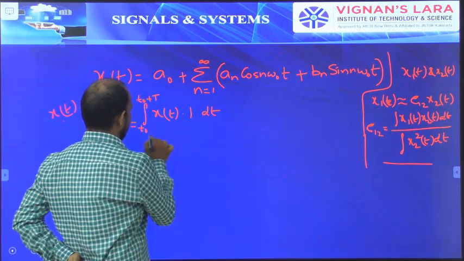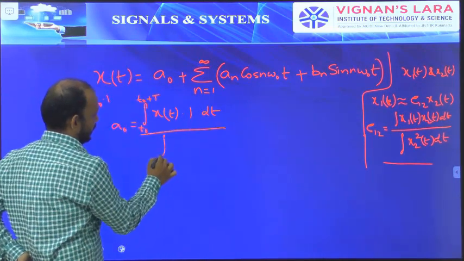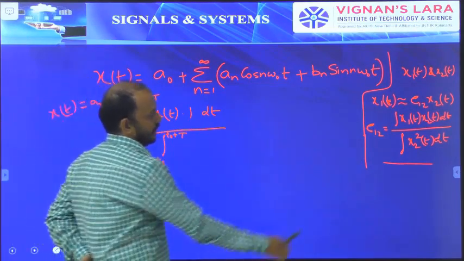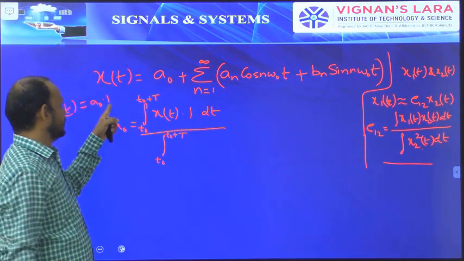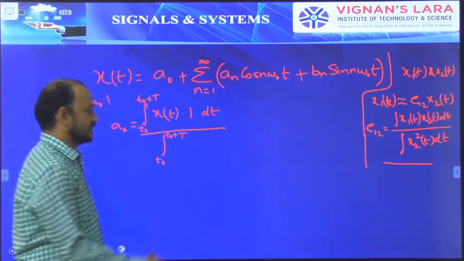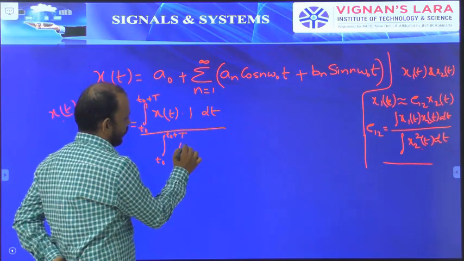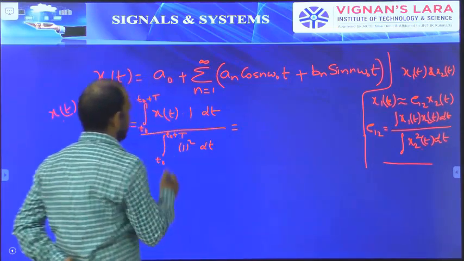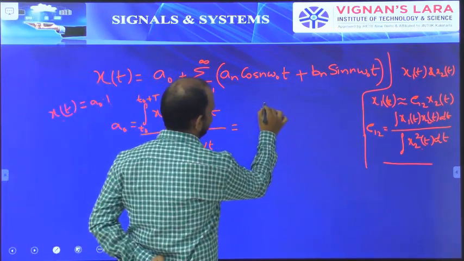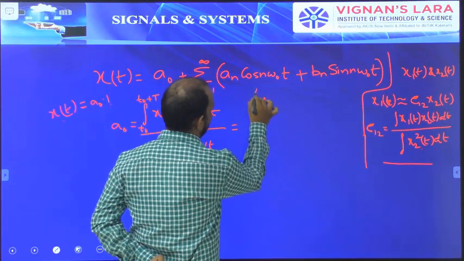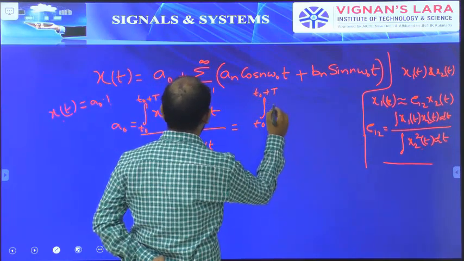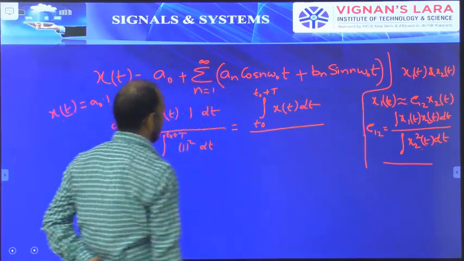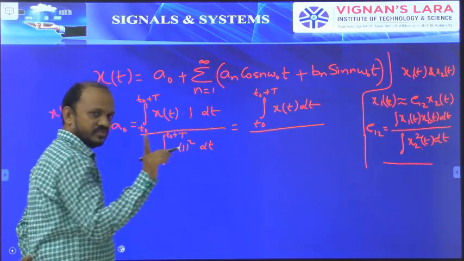Next, dt. Divided by integral t0 to t0 plus capital T, x2 square of t, that is 1 square, because x2 of t is 1. So 1 square dt. So that will be equal to, see, x of t into 1 is x of t. So we can write integral t0 to t0 plus T x of t dt divided by, see, 1 square means 1.